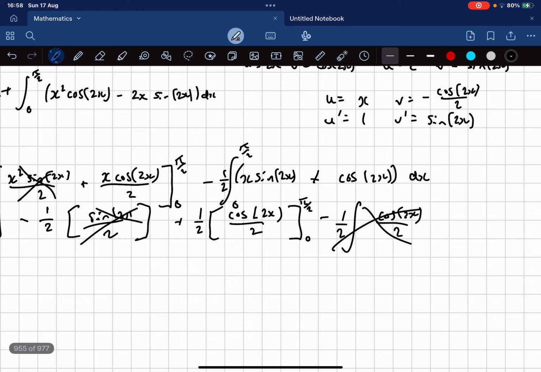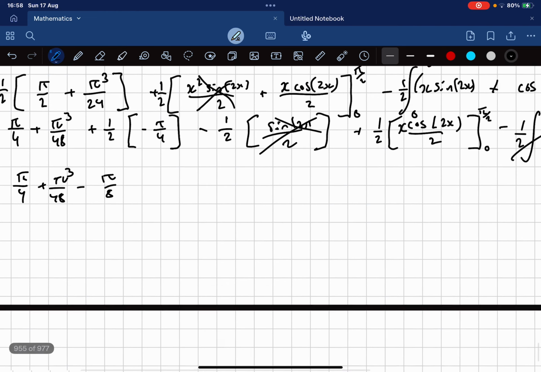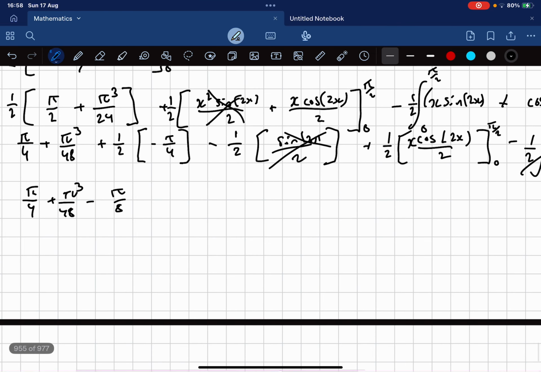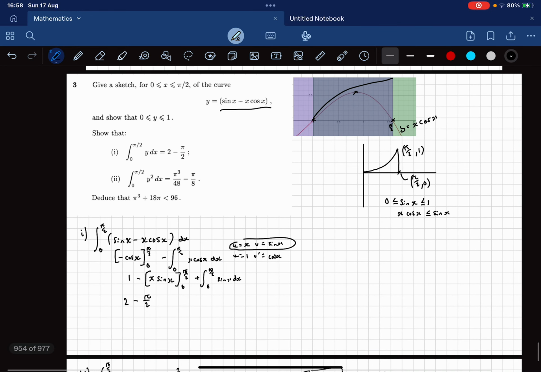This should have an x. Okay. And this was minus pi over 4. So we have pi cubed over 48 minus pi over 8. And that should be what we're looking for.